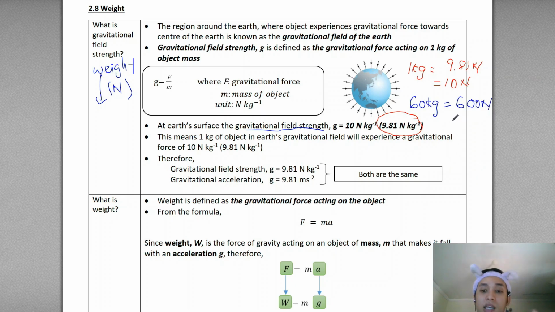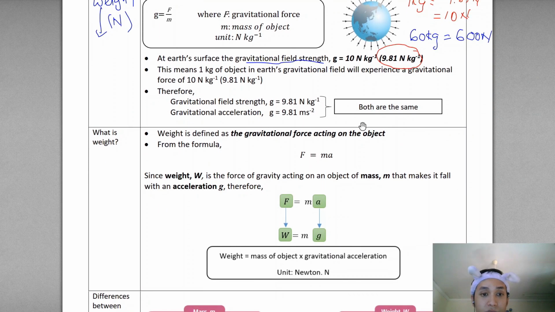If it's on the moon, it will be different, because on the moon, the gravitational field strength is 1 over 6 of Earth. So if I calculate my weight on the moon, I need to take this and multiply by 1 over 6. Then that will be my weight on the moon. These two things are actually the same thing.